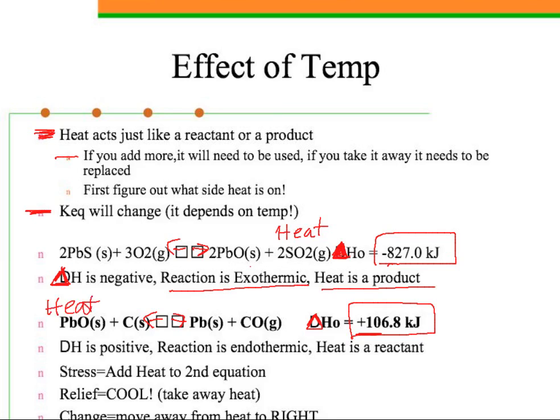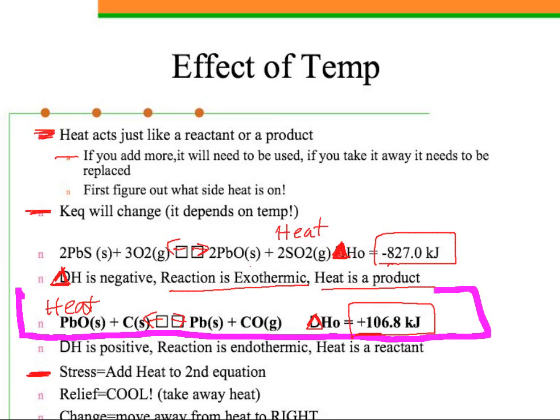Here's an example of Le Chatelier's principle. The stress is we're going to add heat to the second equation. So we're going to take this equation and heat it up. We're upping the temperature. It's taking place in a container, and we're putting that container in the oven.